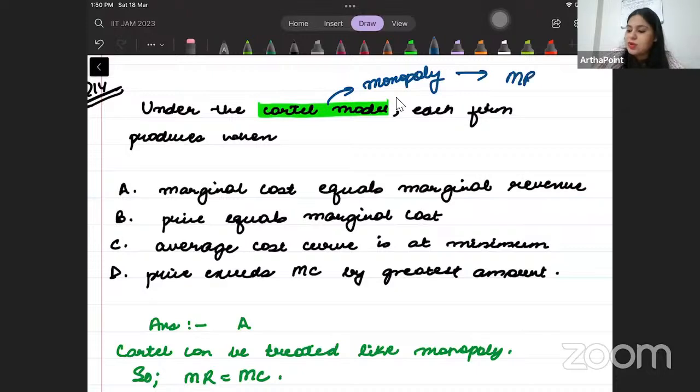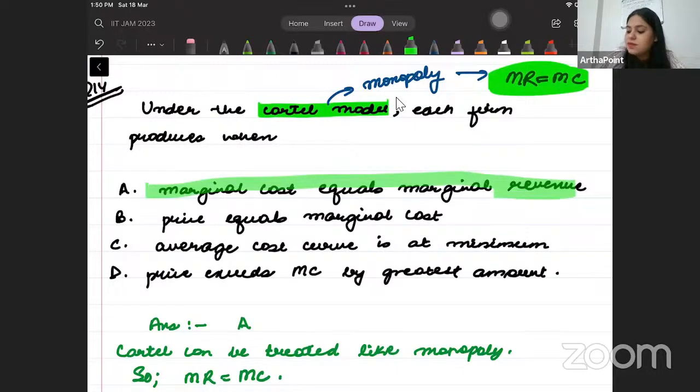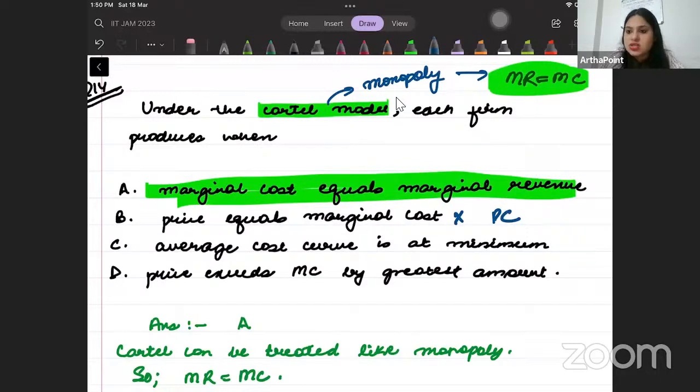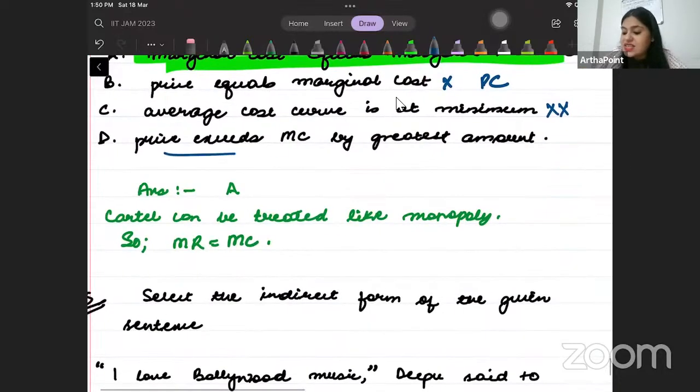When MR is equal to MC, this is how you find the equilibrium. So the answer will be A, when MR is equal to MC. This cannot be cartel, this is perfect competition. Average cost curve at minima, no. You are producing at much higher profit. And then this says price exceeds cost by the largest amount. No, we need one quantity, and that is where MR is equal to MC.